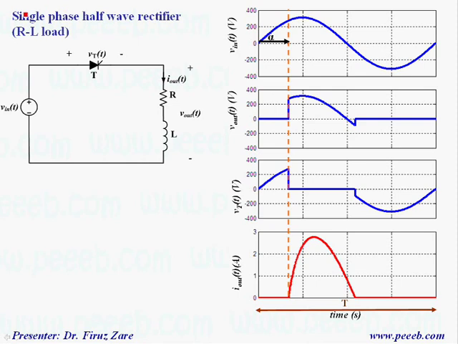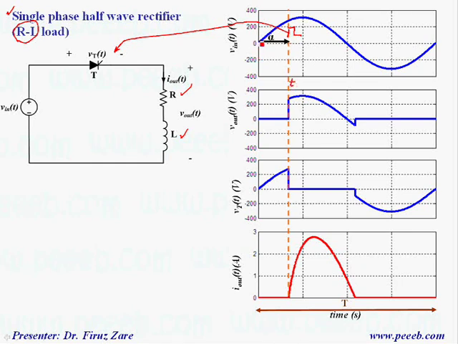Now let's analyze a single phase half wave rectifier with RL load. Here we have resistive and inductive load. Suppose that we apply a gate signal at this firing angle. So we apply the gate signal to this thyristor just at this time or this firing angle.